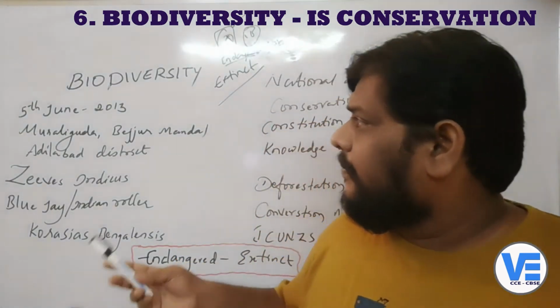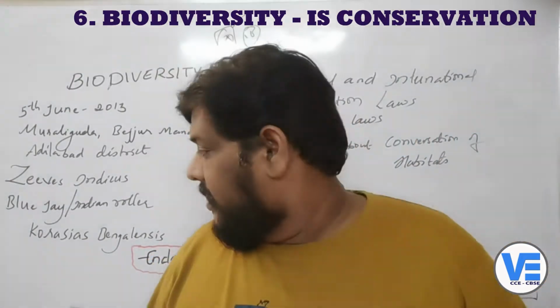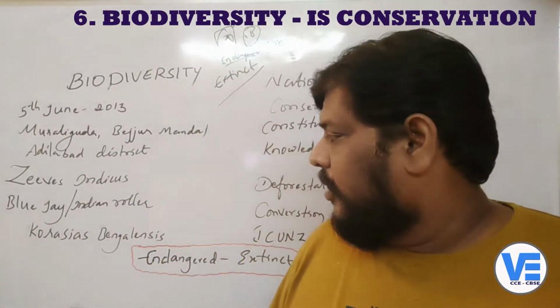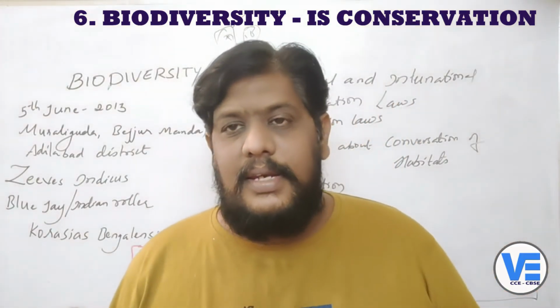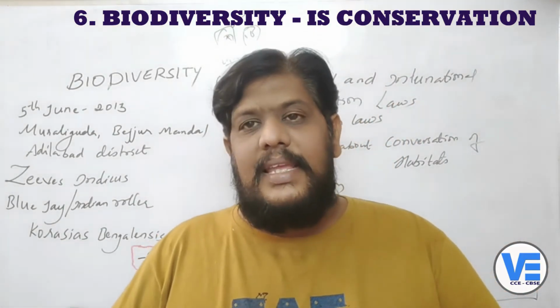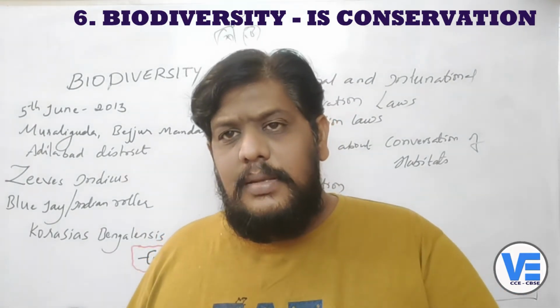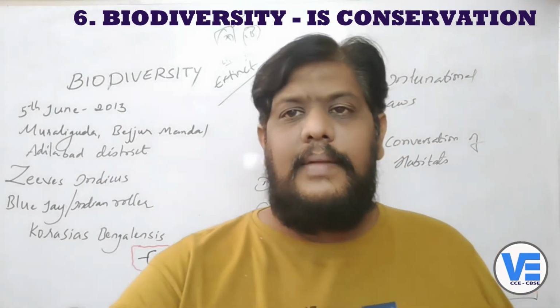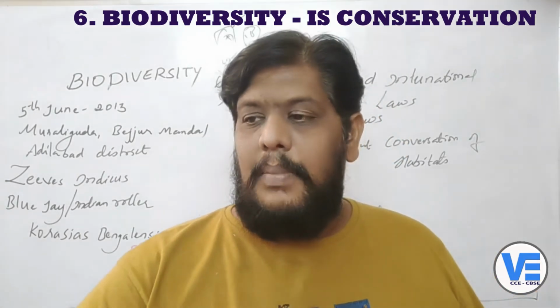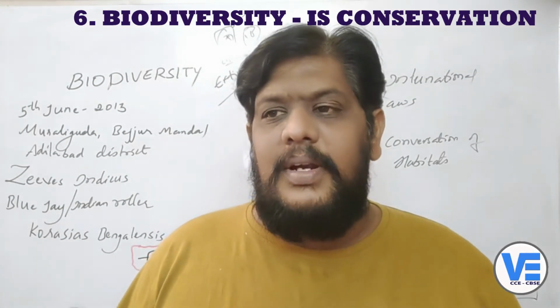Now coming to the blue jay or the Indian roller bird, also called Coracias bengalensis, the scientific name of that particular bird. Now this is in the endangered list. This bird was frequently seen here and there, but now very few birds are present.